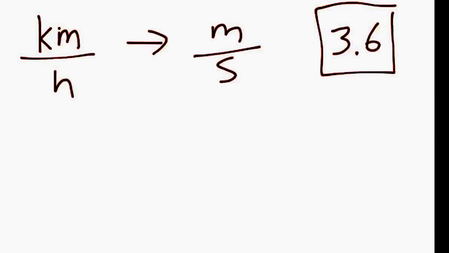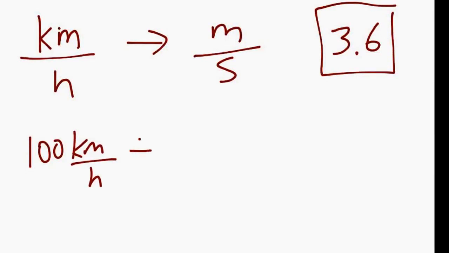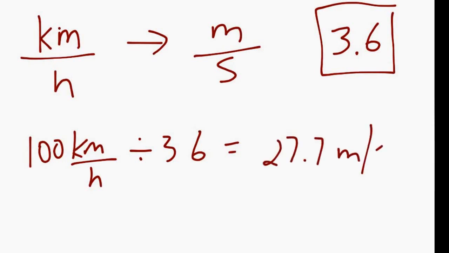So if I gave you a speed of 100 kilometers per hour, if we divide by 3.6, that would give you what that answer is in meters per second. So that equals 27.7 meters per second. Okay, and we could do it the other way. If the question was given to us in meters per second, let's suppose it was 8.2 meters per second.